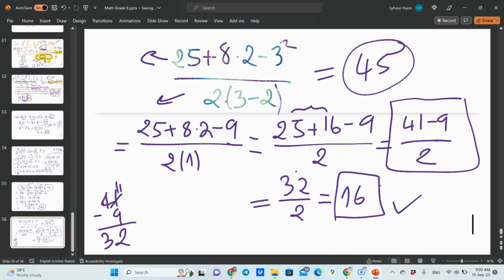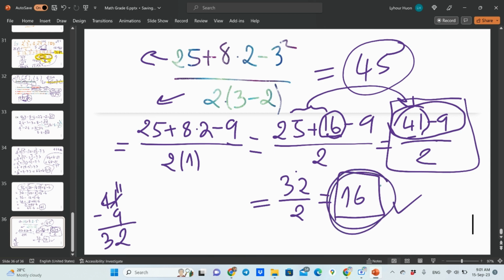I fixed that, but somehow I still got 23. I subtracted 42 by 9, but this is 41. So 41 minus 9 is 32. Divided by 2 is 16. This is the answer.